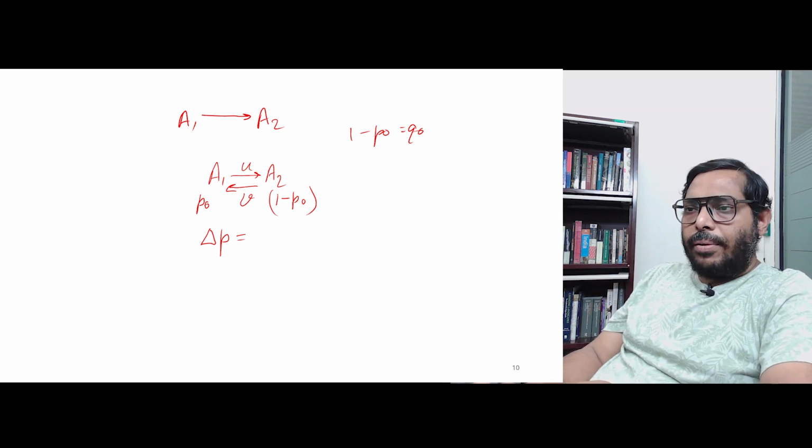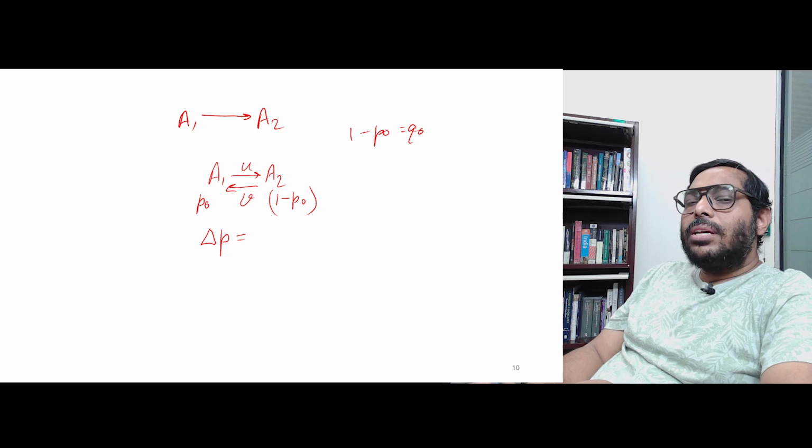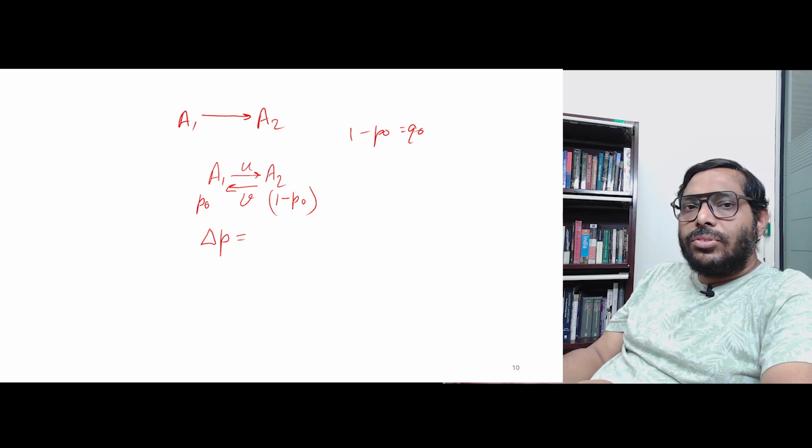Now, this is equal to the rate at which the A1 allele is being created minus the rate at which the A1 allele is being destroyed. What is the rate at which the A1 allele is being created? Remember, A2 is becoming A1 at a rate v, right.